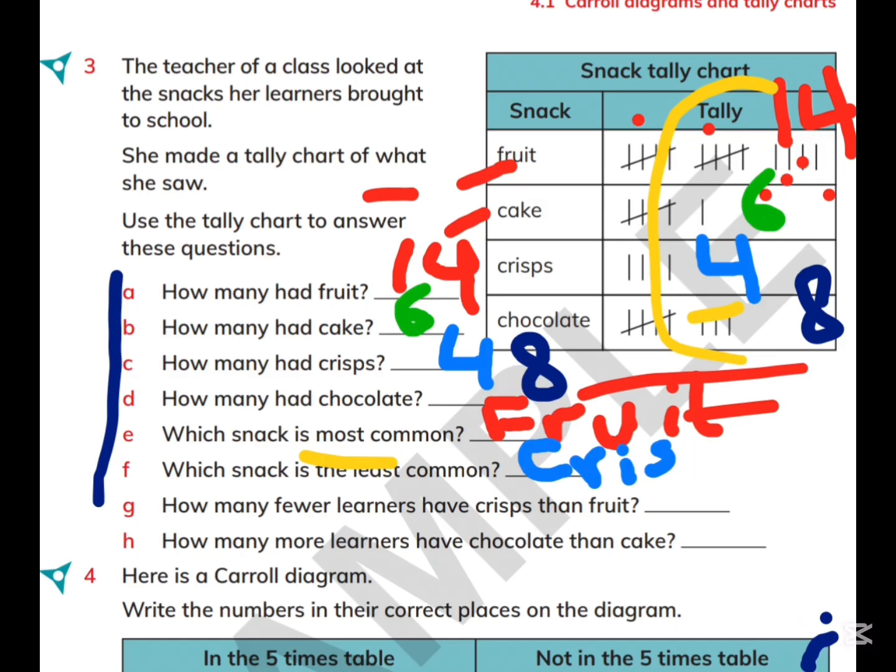I'm sorry, I'm unable to write it clearly, but you can just write the correct spelling from your book. C for crisp. Crisp is the least common snack which has been sold. Okay, how many fewer learners have crisps than fruit?